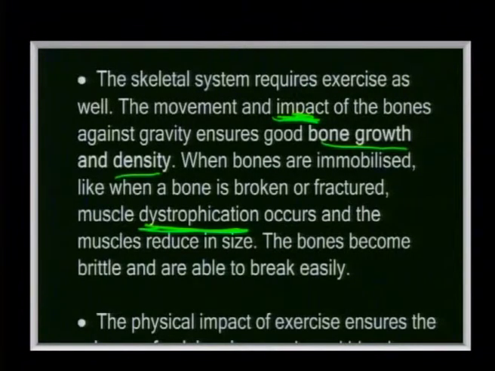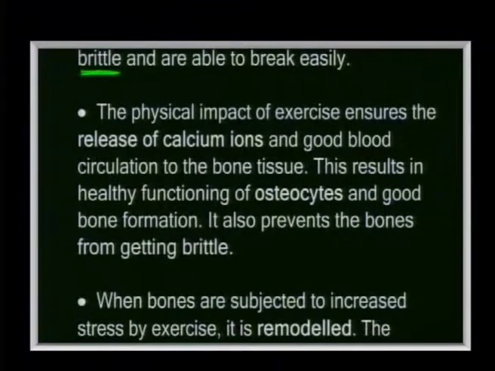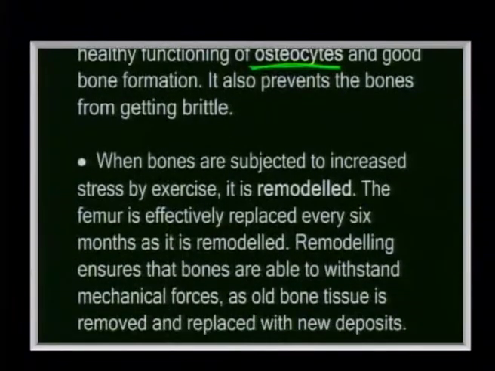Look at the word dystrophication. Okay, the bones become brittle, and they are able to break very easily. So the physical impact of exercise ensures that we release calcium ions, and that there is good circulation in the blood. This clearly makes everything work well, and we then end up with our little bone cells, the osteocytes, getting everything that they need. Okay, and they keep making new bone tissue. So when the bones are subjected to increased stress by exercise, we can literally remodel it.